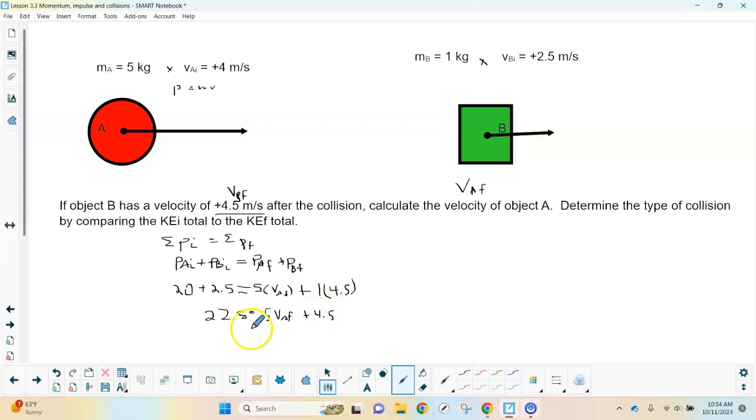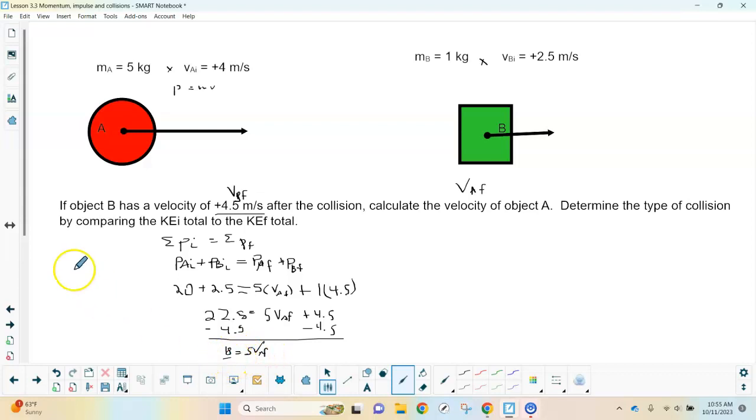Again, you're just going to do algebra, so we're going to subtract the 4.5 on both sides. So you get something like 18 equals 5 VAF. And then you divide through by 5.